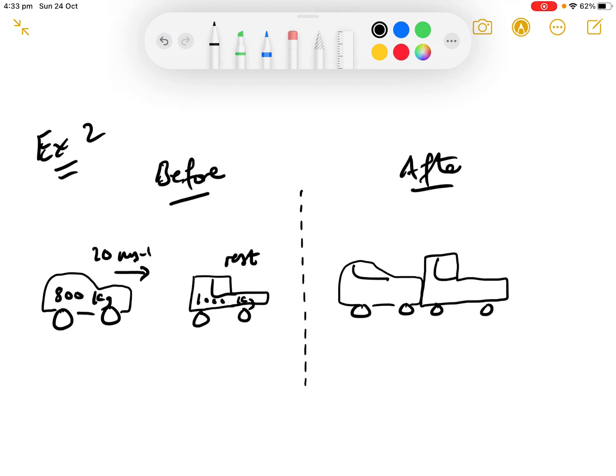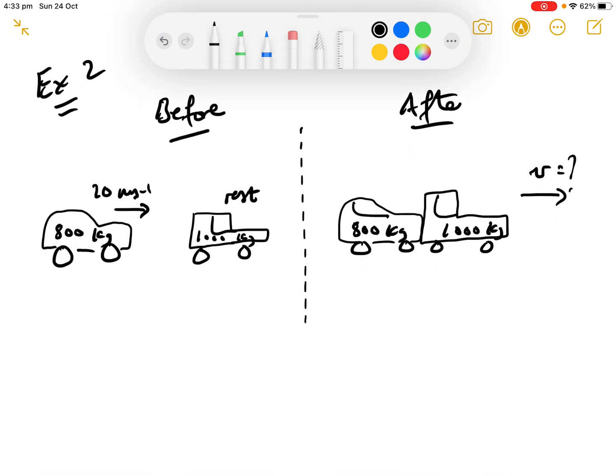So you've still got your 800 on the left and your 1,000 on the right. And the question is, what speed do they go off at together? What is their joint speed?